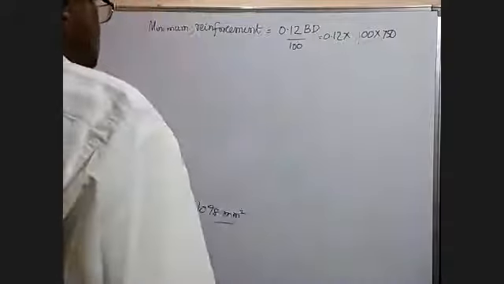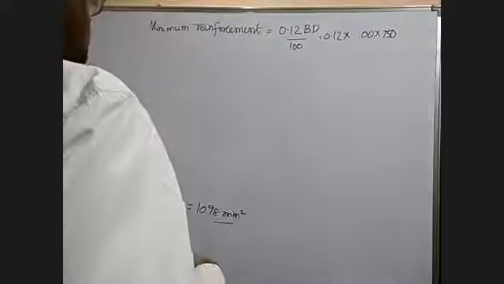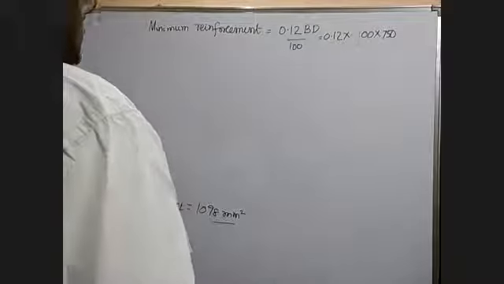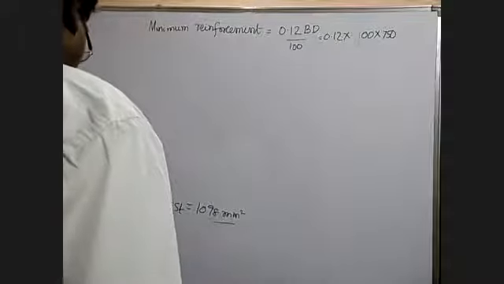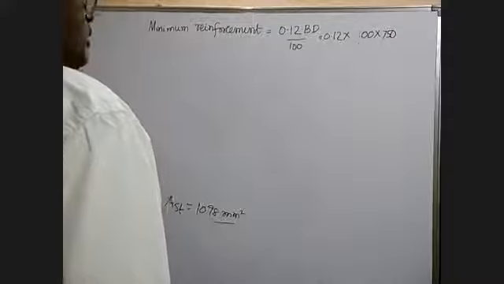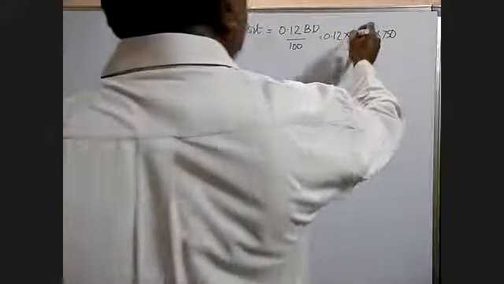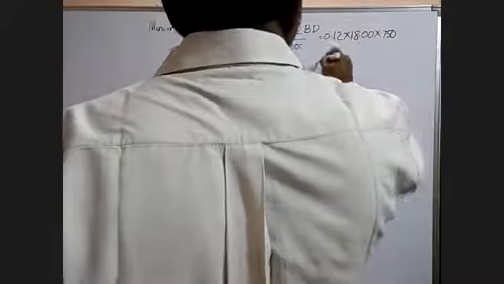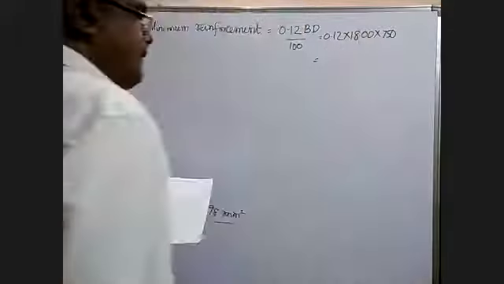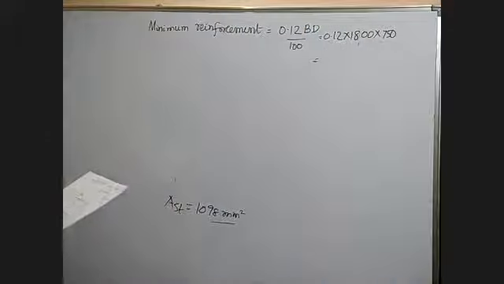Okay, sir. 0.12 BD by 100. Overall, understand. And that's a number value.